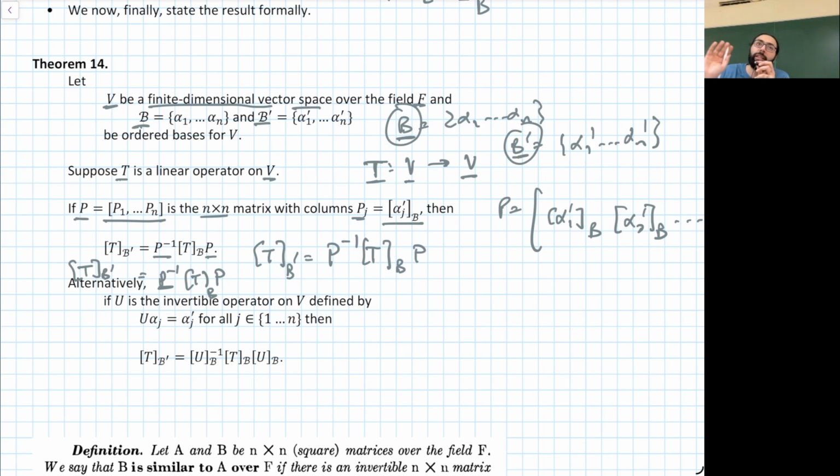This we already studied. We said that if the same space has two different bases, then to go from one basis to the other there exists some invertible matrix P. So it is exactly the same matrix that appears here. Is that okay? Making sense?